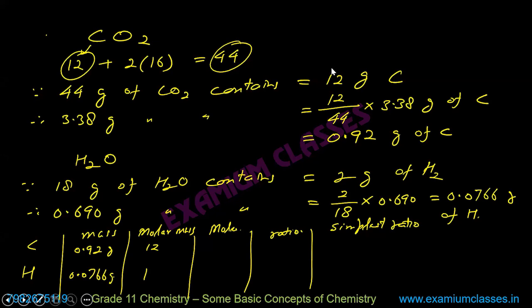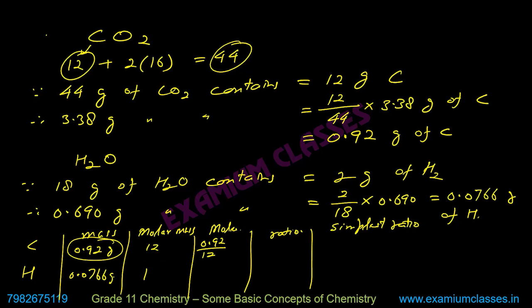Correct. In empirical formula, we are always considering atomic forms, never molecular forms. That is the key, not to make mistakes. So hydrogen I am considering here as an atom. Atomic mass will be 1, so I have written molar mass as 1 gram per mole. Moles will be 0.92 divided by 12, given mass divided by molar mass.